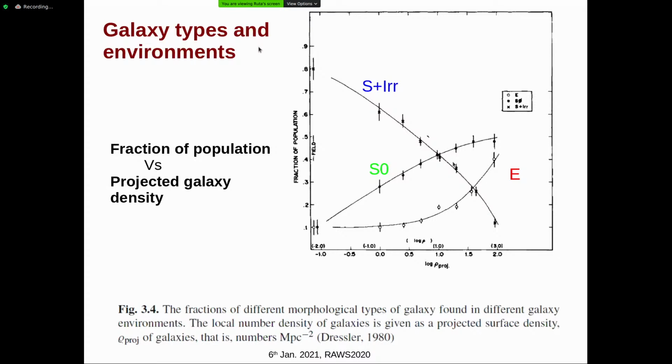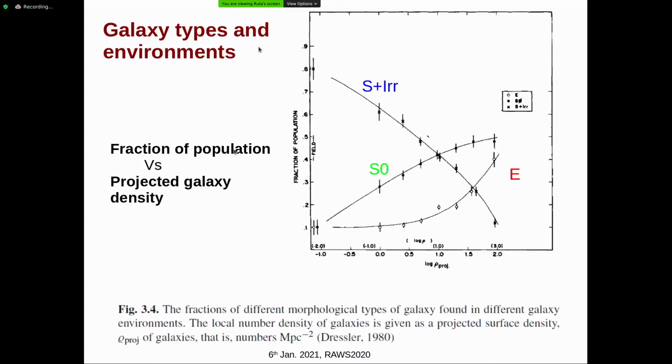As you go to the right on the x-axis, you will find that the fraction of elliptical galaxies is rising. The fraction of S0 galaxies is also rising, but the populations of spirals and irregular galaxies are falling down. So in these regions, which are mostly densities nearing those of galaxy cluster-like objects, one can see that the fraction of elliptical and S0 galaxies is very high compared to the other galaxies.